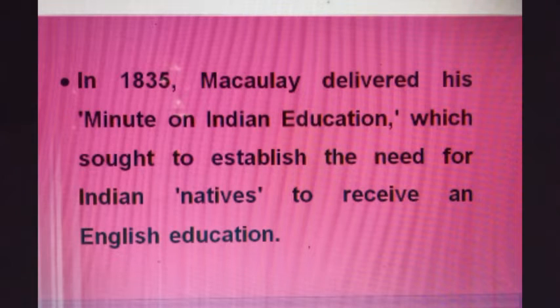In 1835, Macaulay delivered his Minute on Indian Education, which sought to establish the need for Indian natives to receive an English education. So the Macaulay Minute helped to establish English education in the Indian education system.